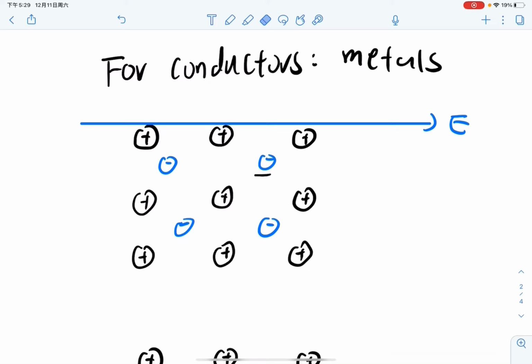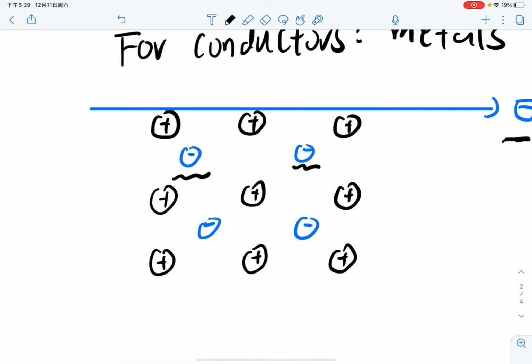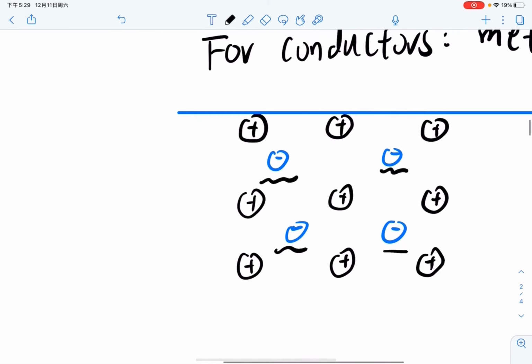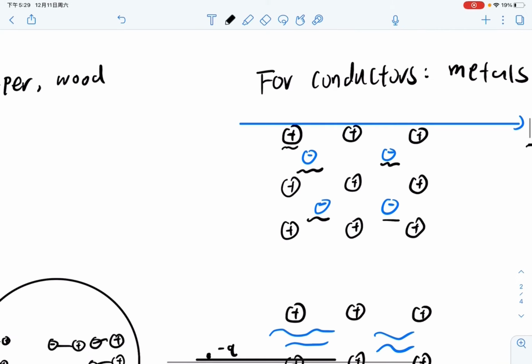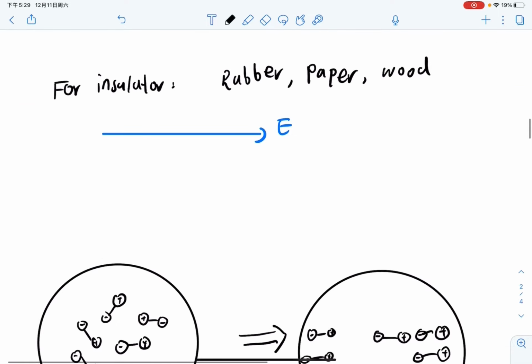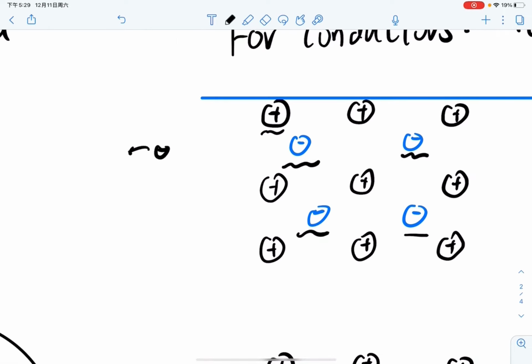So when you apply an electric field E, those electrons are free to move, and the attraction between positive and negative is smaller than in insulators. So they will just move that way, and that way, and that way. They're free to move.